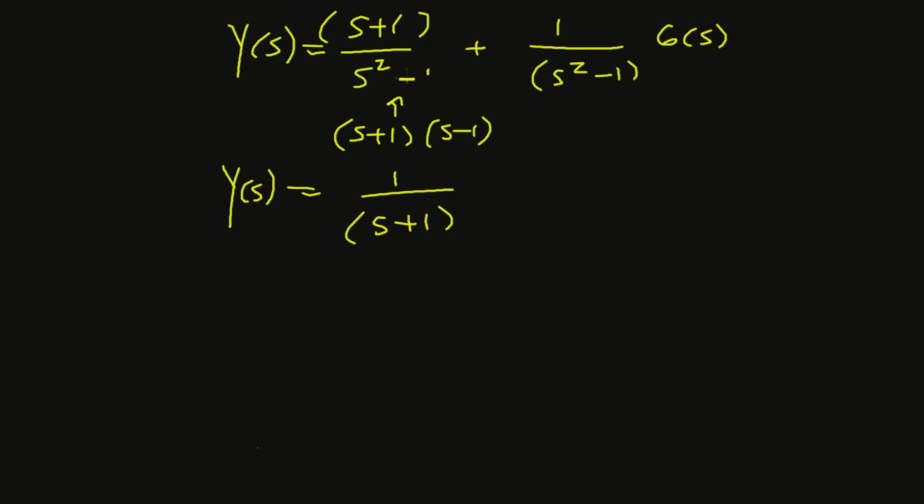And the other one will cancel S, 1 over S minus 1, when we cancel S plus 1 from the top and the bottom.